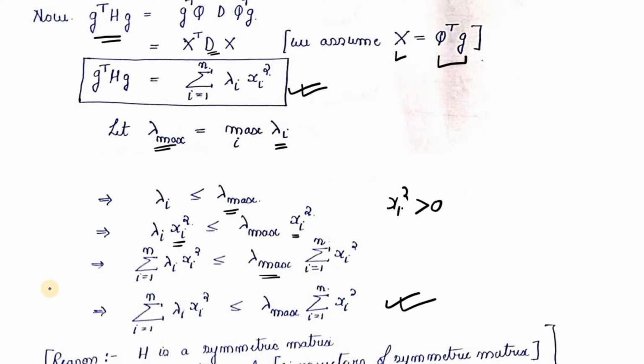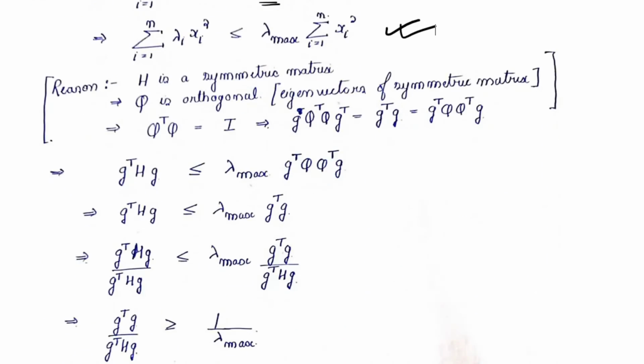Now we will take advantage of one important property of H, which is the fact that it was symmetric. Again, if H is a symmetric matrix, all the eigenvectors which form the matrix Q will make it an orthogonal matrix.